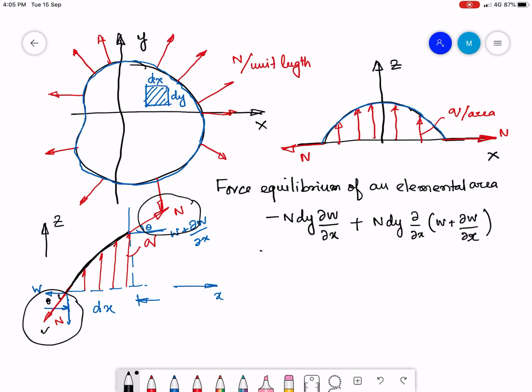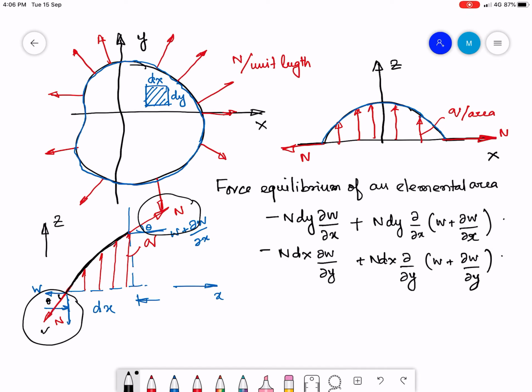The component that is coming from the force acting along dx is minus n dx del w by del y, plus n dx del by del y of w plus del w by del y, right. So, this too comes from the similar force component in the z direction.